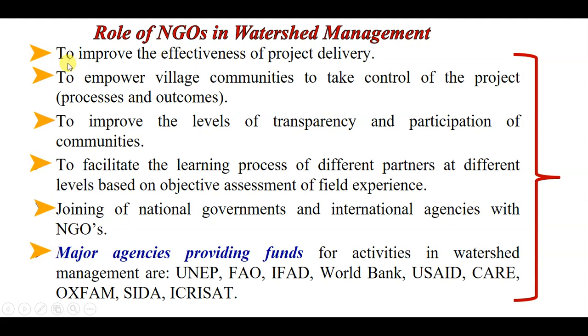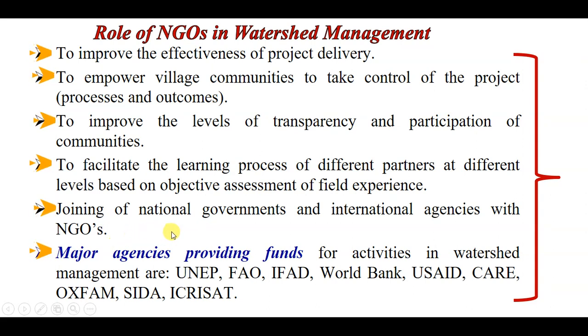NGOs can participate to improve the effectiveness of project delivery, to enable village communities to take control of the project, its process and outcomes, to improve the level of transparency and participation of the communities, and to facilitate the learning process of different partners at different levels based on objective assessment and field experience.